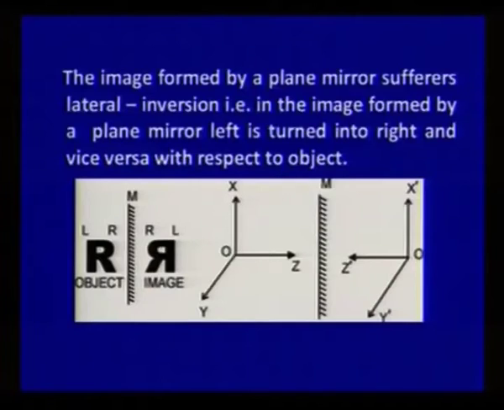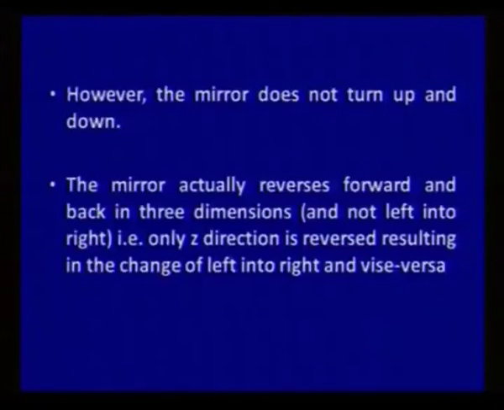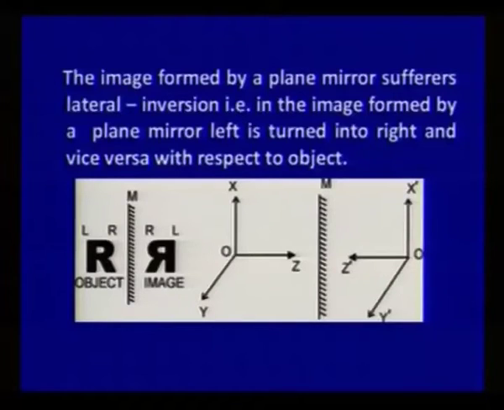Only there is a change in the 3-dimensional figure, and it is very important to know that the mirror actually reverses forward and back in 3 dimensions and not left to right. So, only the Z direction is reversed, that you have already seen, that only there is a reversal of the Z direction, and we call this phenomenon lateral inversion of light.